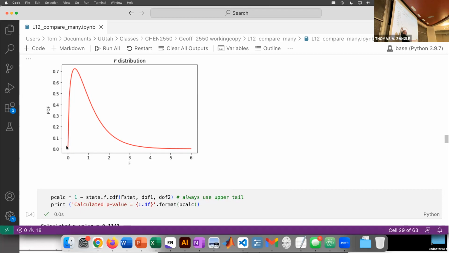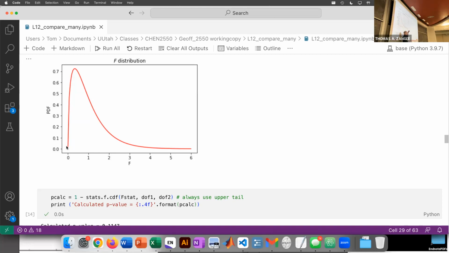In the F statistic, we always use the area underneath the upper tail, or the right side tail. So our p-value would be the area under this curve, between this curve and 0, above that F statistic value of 1.99. If we add up that whole area, that's where we get that 0.11 for the p-value.